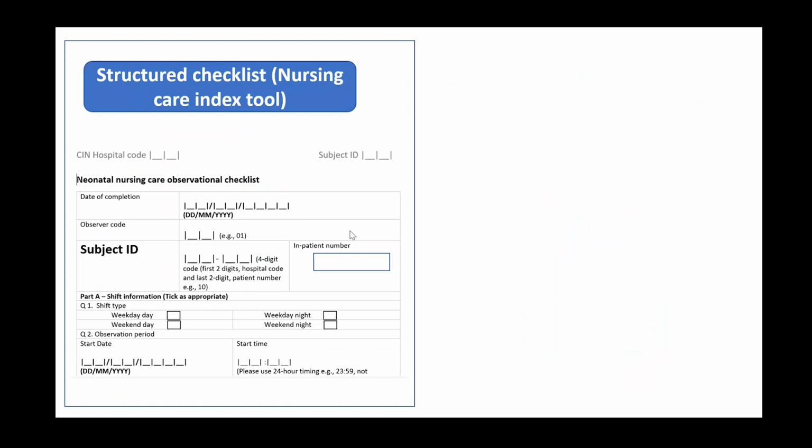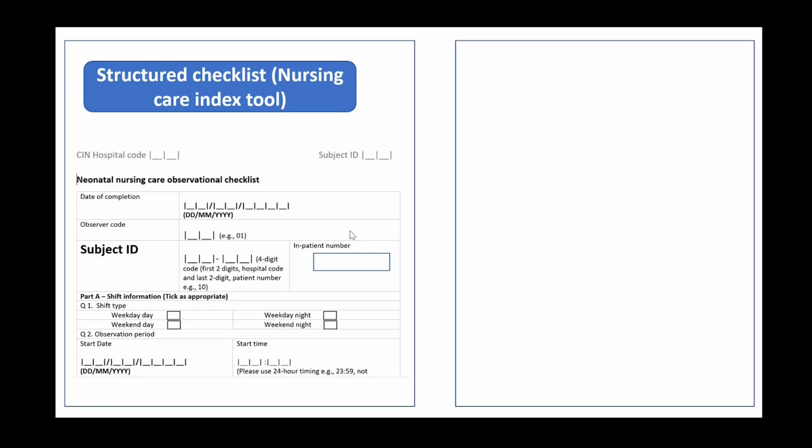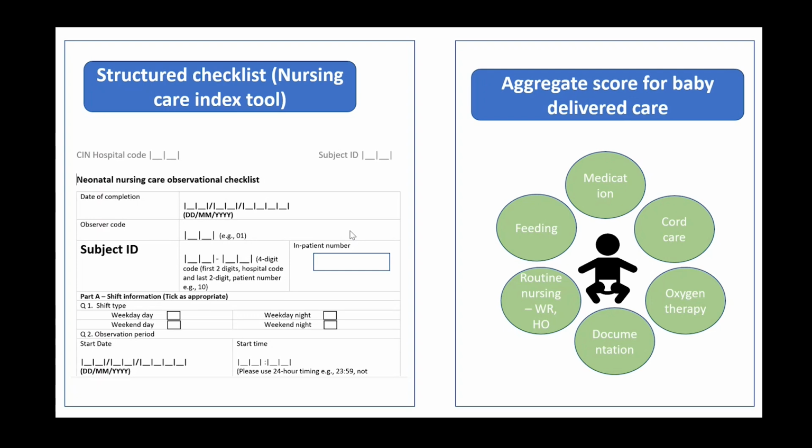Central to my DPhil is a structured checklist tool where we have people called observers, by the bedside, use a tool to take data on care delivered to a baby. Babies in the newborn units might be fed, will have cord care, will have some medication. So the structured checklist is used to take data on, was this done, was this not done, and when was it done?